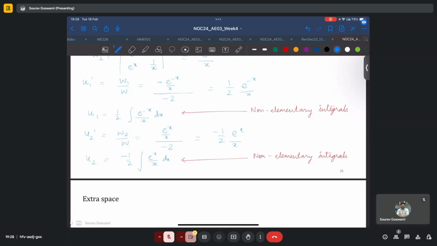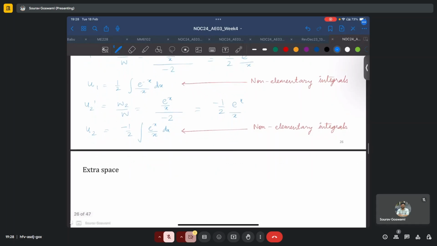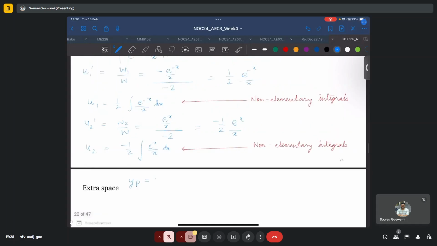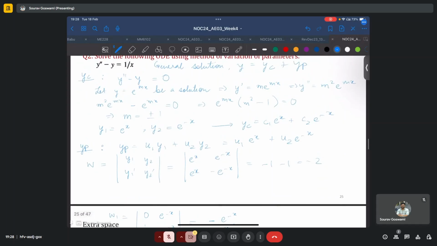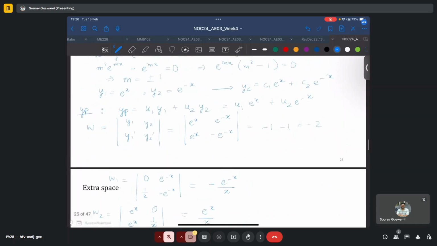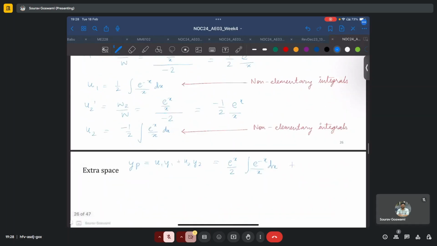That is, there is no way to obtain a closed form solution for these two integrals, and that is okay. So the particular solution then becomes u1 y1 plus u2 y2, which is y1 e power x times half integral of e power minus x by x dx, and y2 was e power minus x.